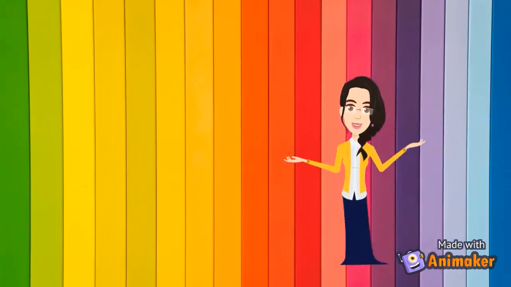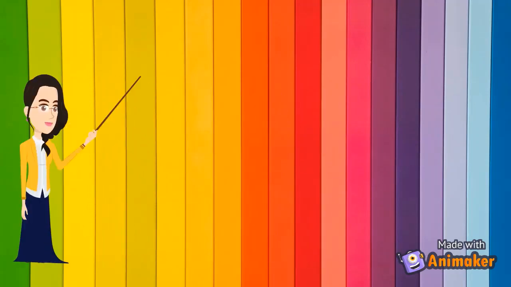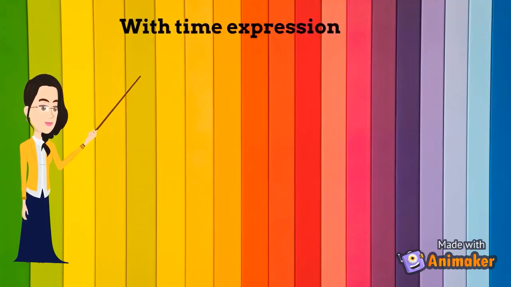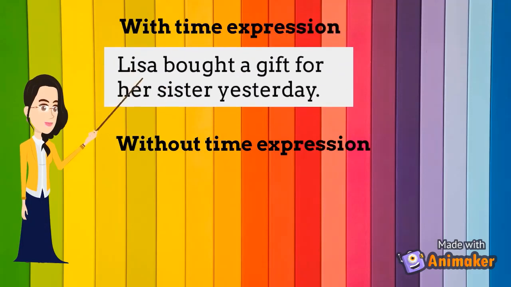Alright, now let's look at when we use simple past tense. We can use simple past tense with time expression or without time expression. What do I mean by that? Alright, let's look. Lisa bought a gift for her sister yesterday.